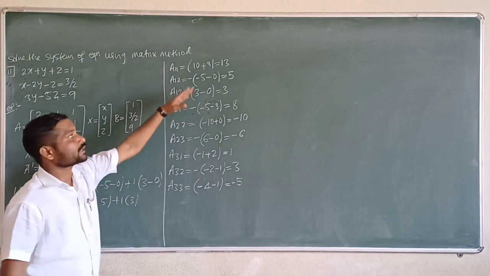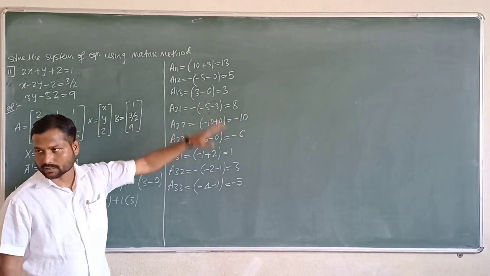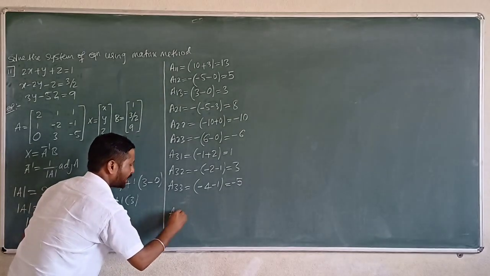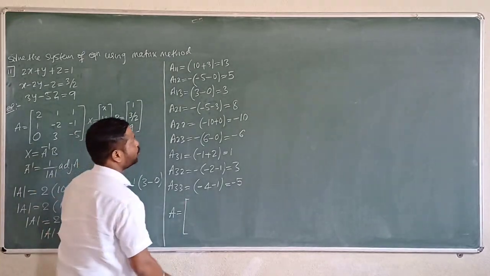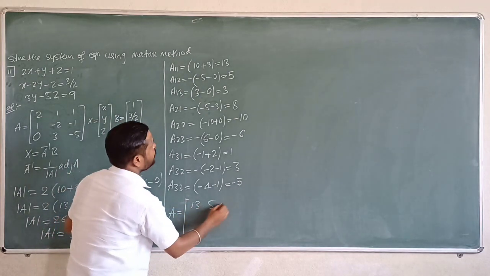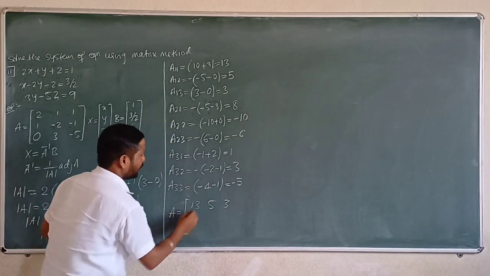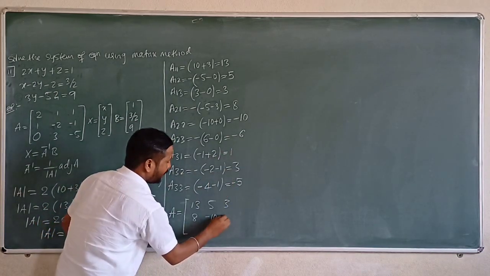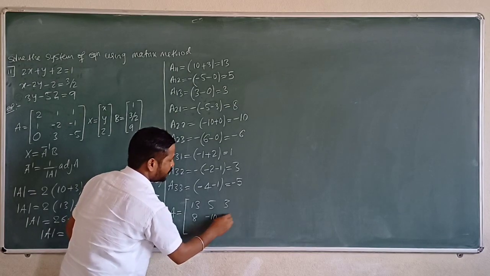These are the cofactors. Take up the cofactor matrix here. The cofactor matrix of A is equal to A11, that is 13, 5, next that is 3 now. Next one, 8, minus 10, next that is minus 6 now, minus 6.